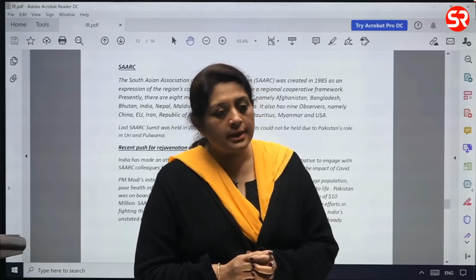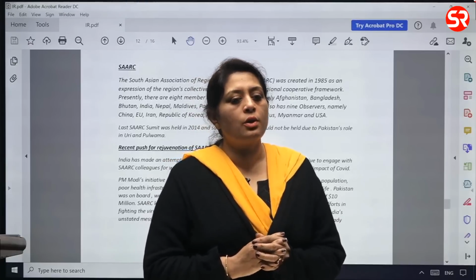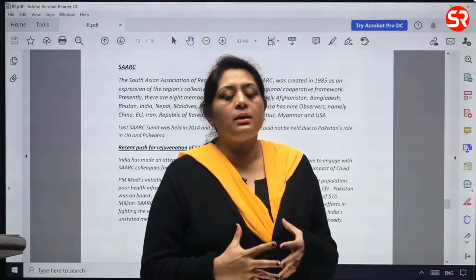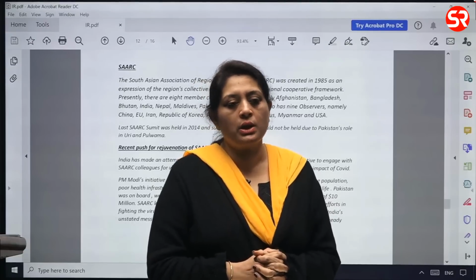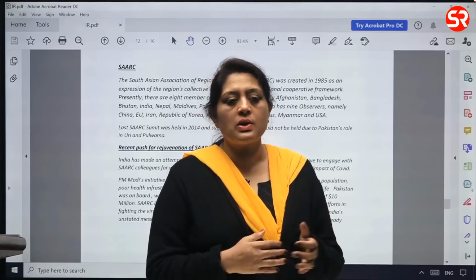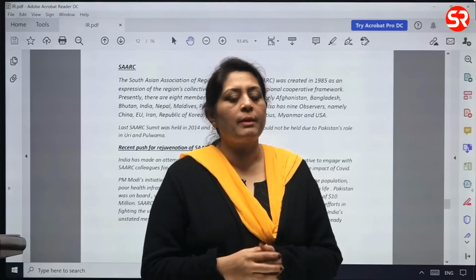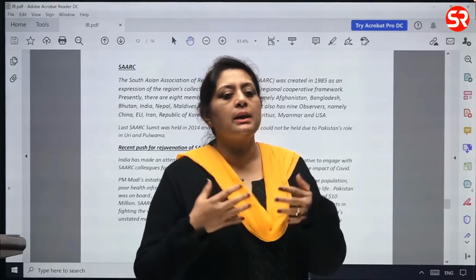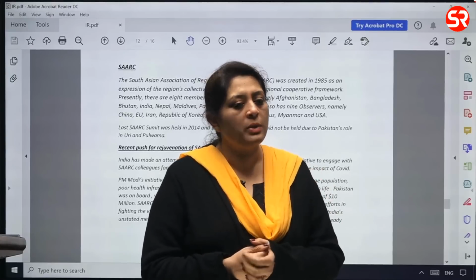To sustain the momentum of our economic growth we need regional integration in South Asia. Besides these, it is also one of the dangerous places because of nuclear weapons, poverty, disasters, so many things.